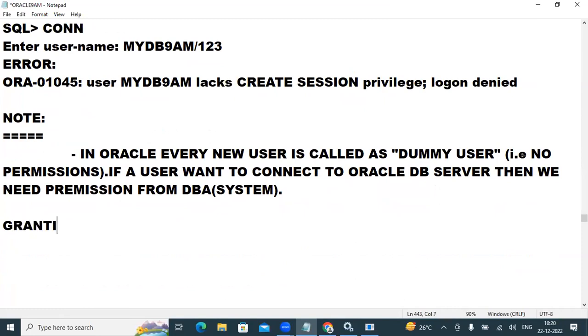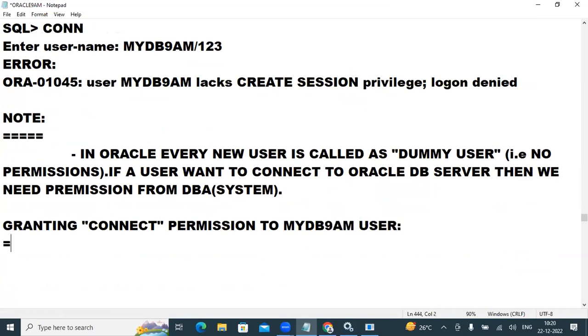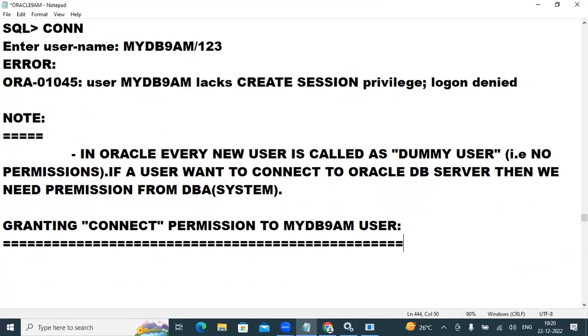The permission is granting, which means allowed, issued. Granting which permission? Connect permission to which user? To the MyDB9AM user. Granting connect permission to MyDB9AM user.